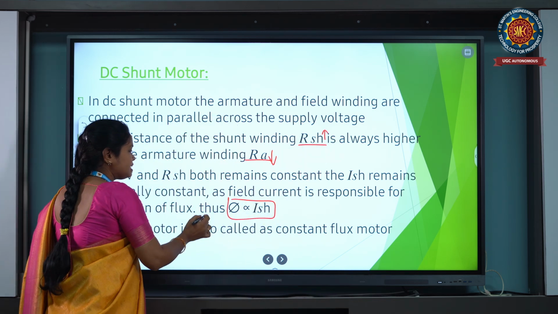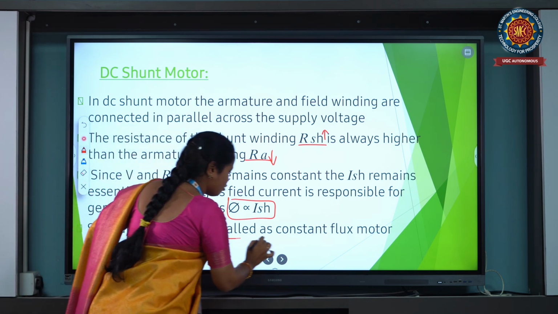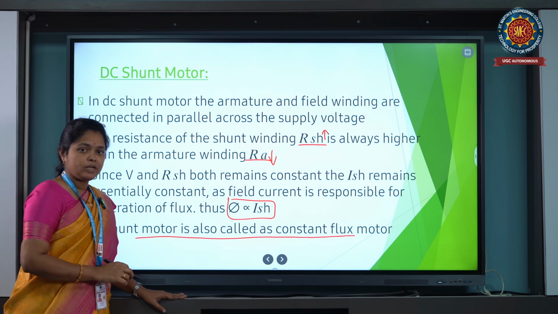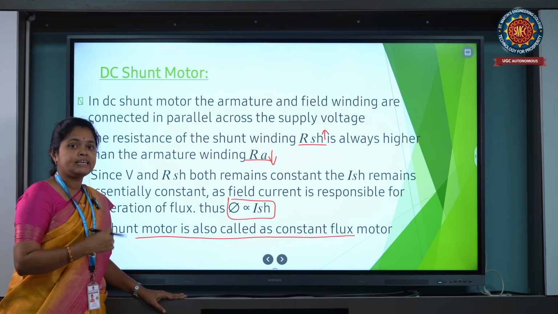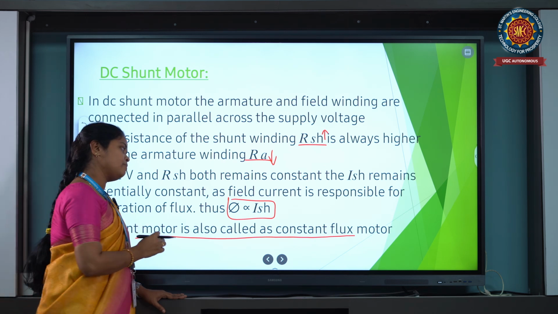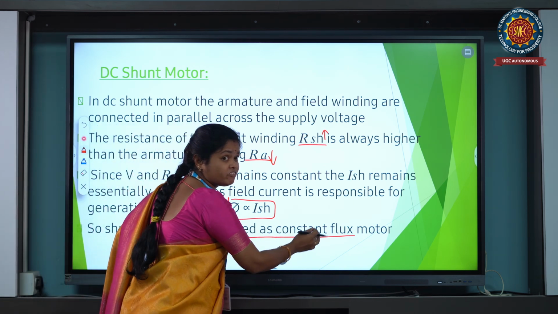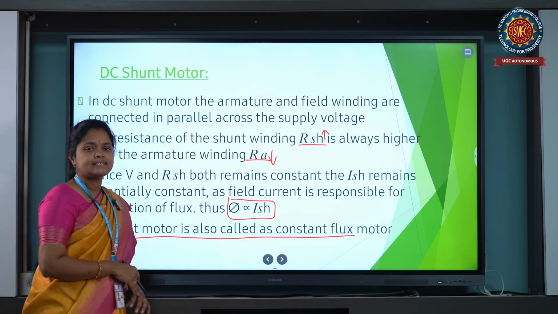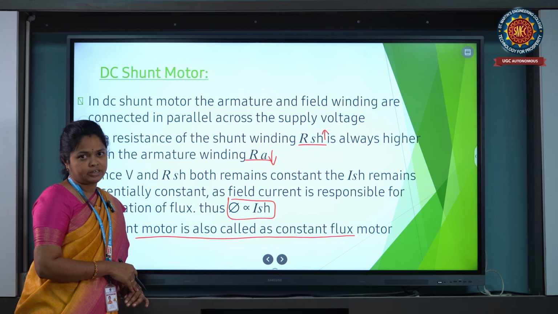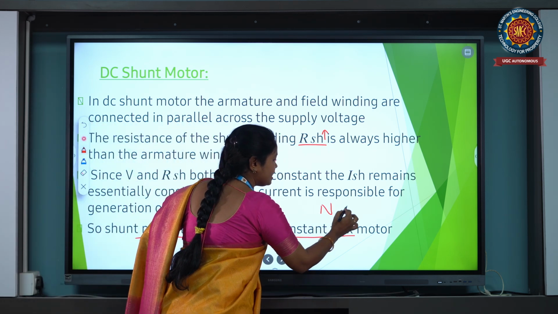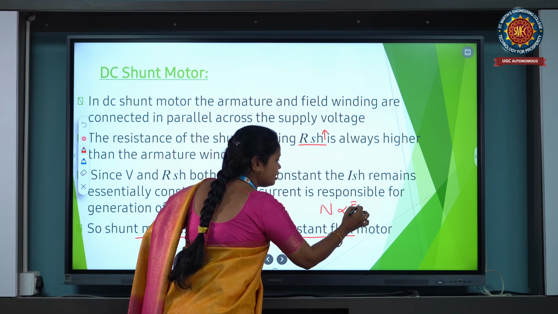This type of motor is called a constant flux motor because the flux developed in the motor is constant. That is why it is called a constant flux motor. Next, it is also called a constant speed motor, because N, the speed of a motor, is directly proportional to Eb by flux.